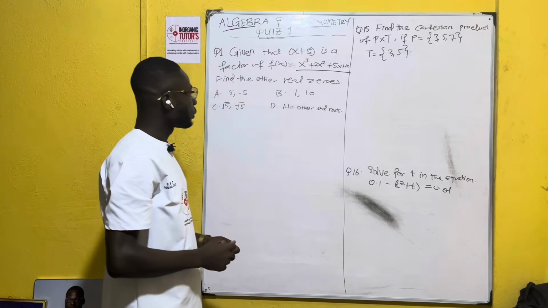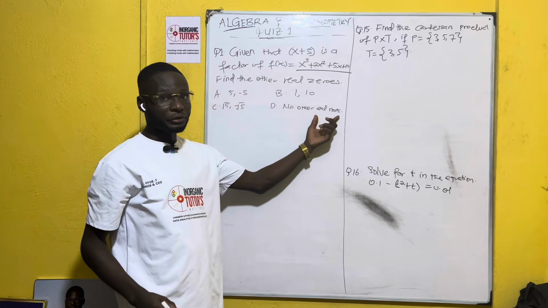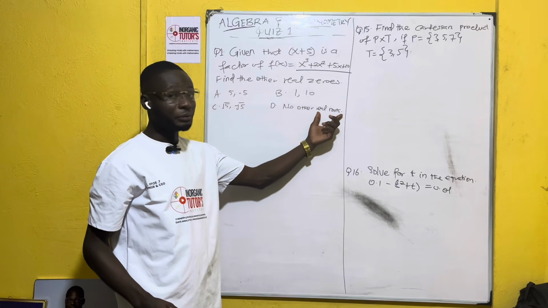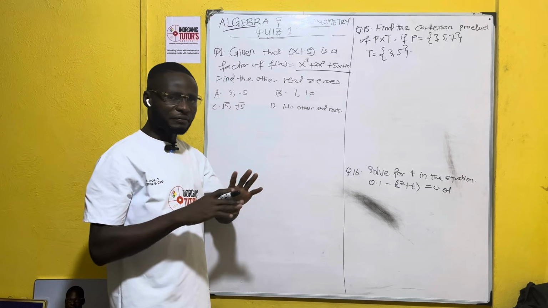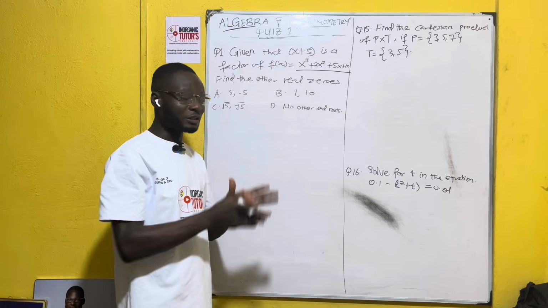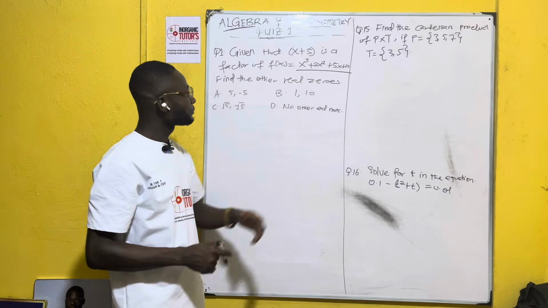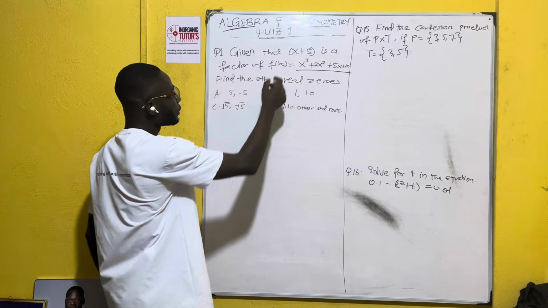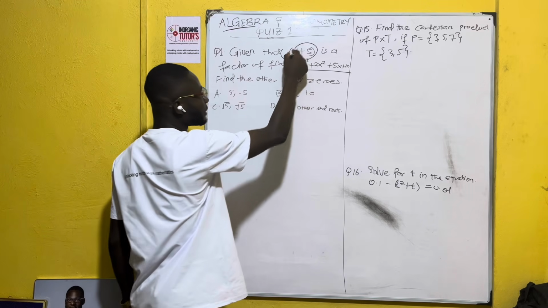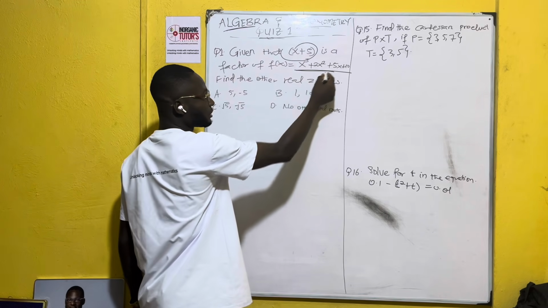Our target is to find the other real roots. If the results you have are not real roots, then there are no other real roots. So this is a factor of this polynomial function.